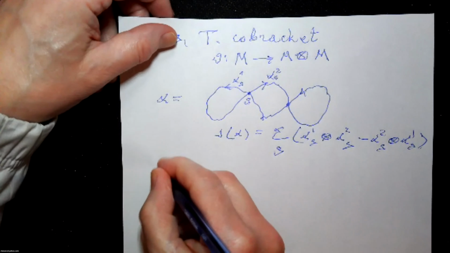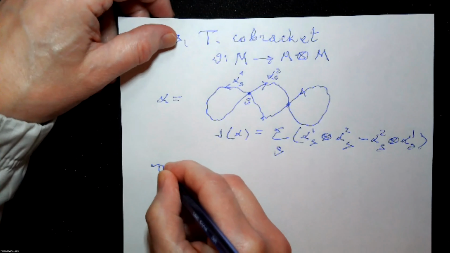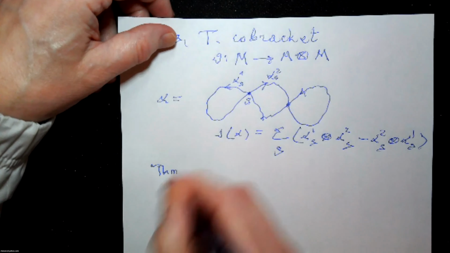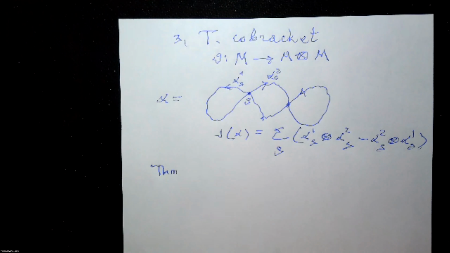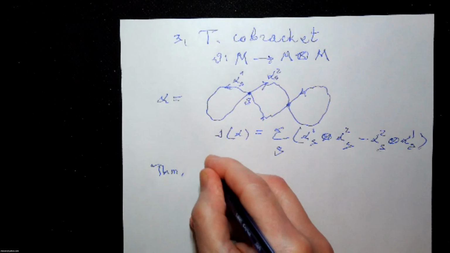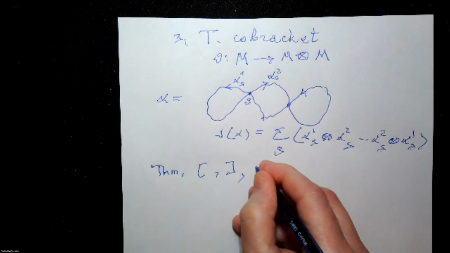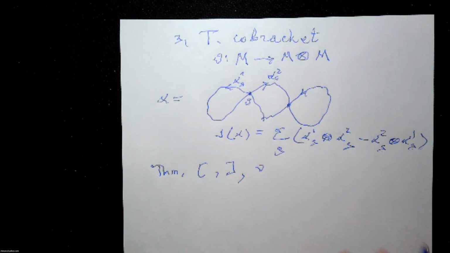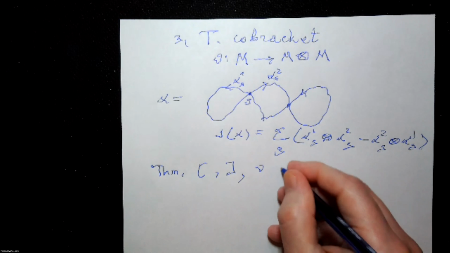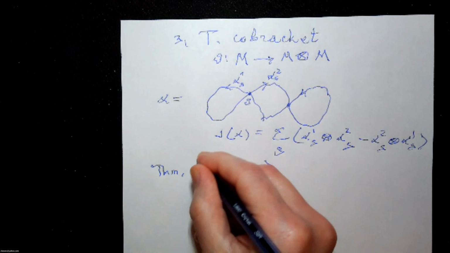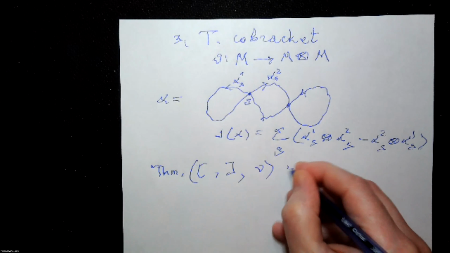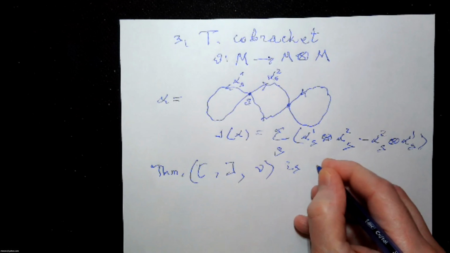Moreover, and that was my theorem proved, I don't know, 30 years ago, Goldman's Lie bracket and this Lie co-bracket, together, they are compatible in some sense. And this sense is usually formulated by saying that this is a Lie bialgebra.